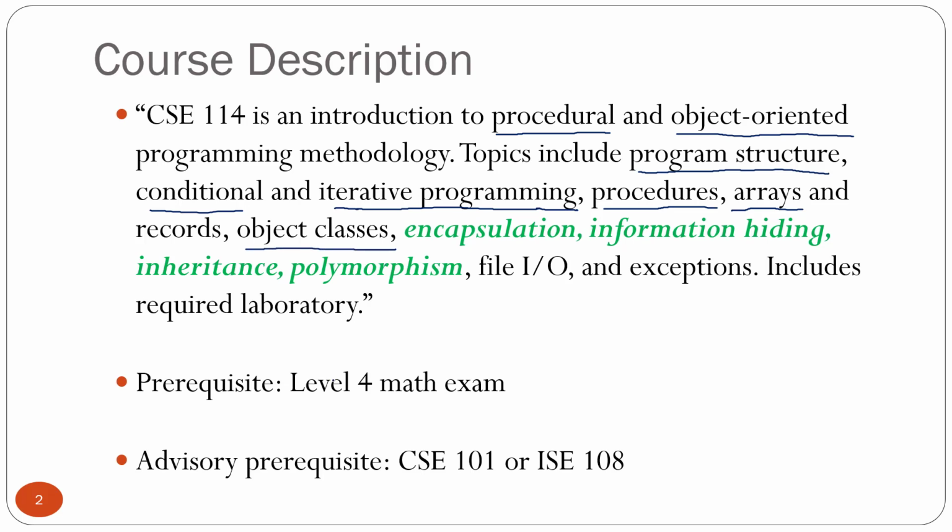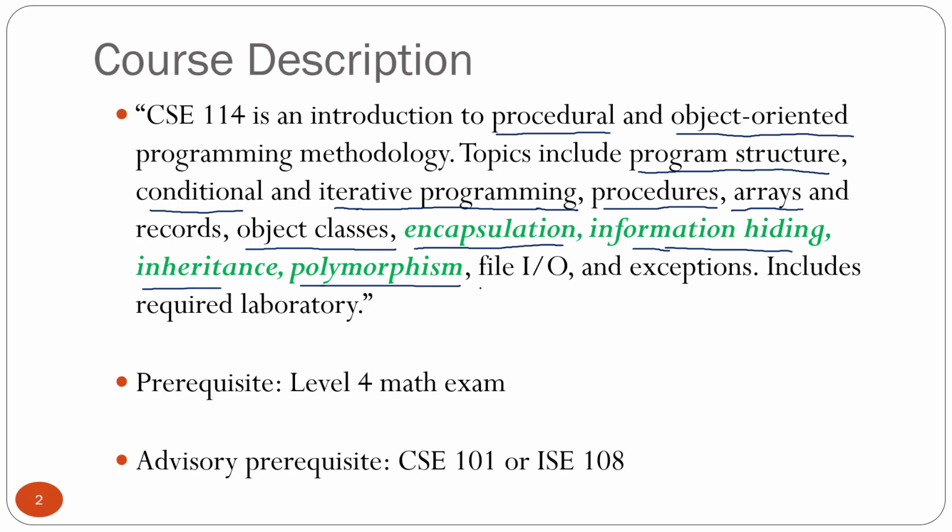From there onwards it will be all object oriented programming, and we will discuss these important concepts of object oriented programming, like encapsulation, information hiding, inheritance, and polymorphisms. Okay, so these things that you see in the green color are some important attributes of an object oriented programming.